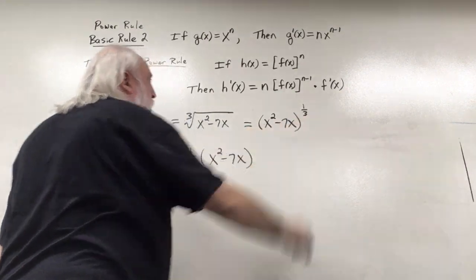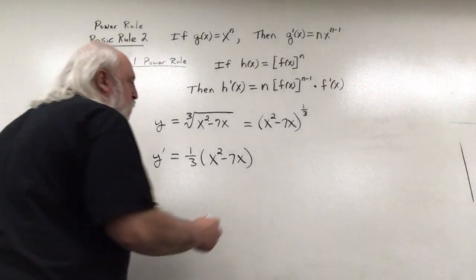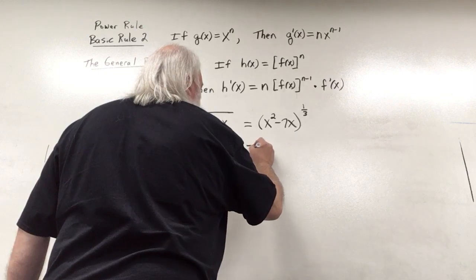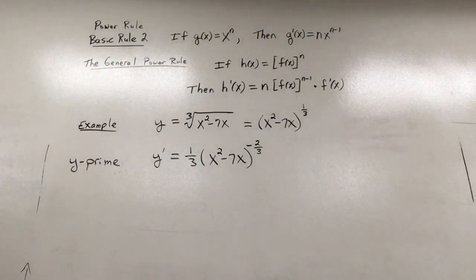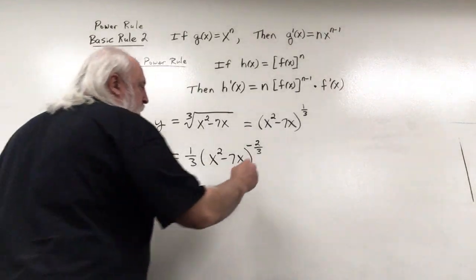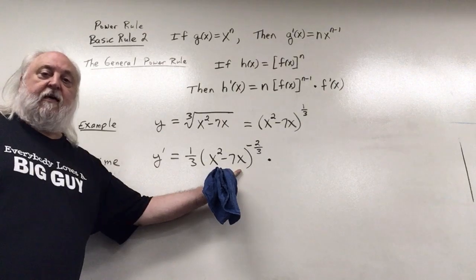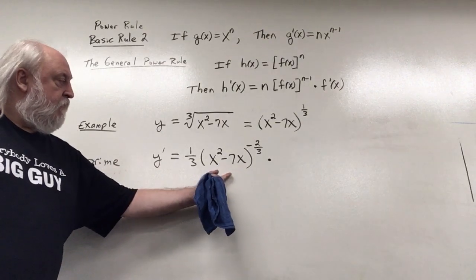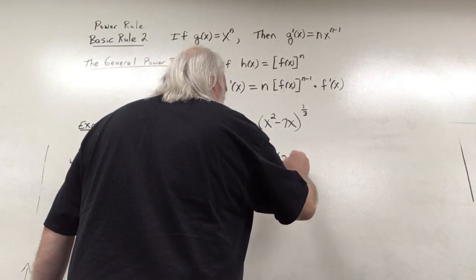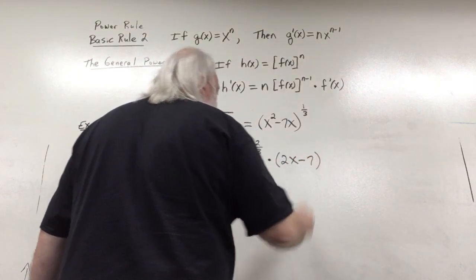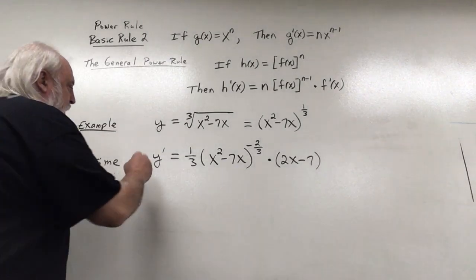And then we subtract 1 from the exponent. 1/3 minus 1 is minus 2/3. And then we're not done. We have to multiply all this by the derivative of what's inside the parentheses. The derivative of x squared is 2x, and the derivative of minus 7x is minus 7. And now we're done.